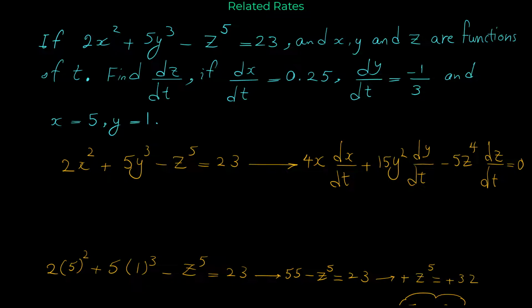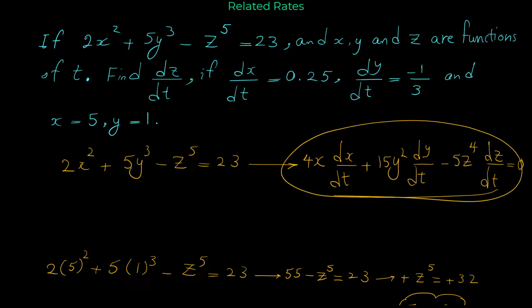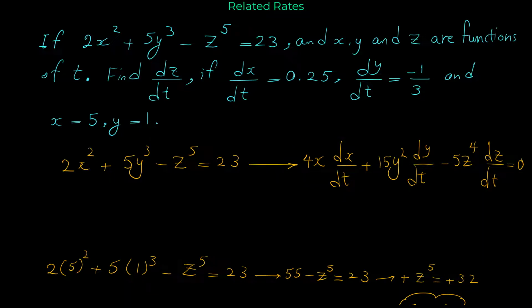So we have 4 times x times dx over dt, which is 0.25. X is 5. So 4 times 5 times 0.25, plus 15 times y is 1, to the 2 times dy over dt.